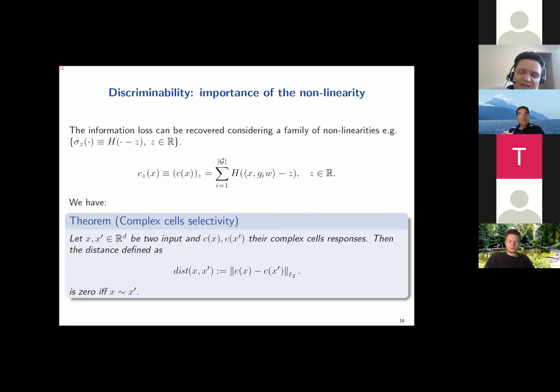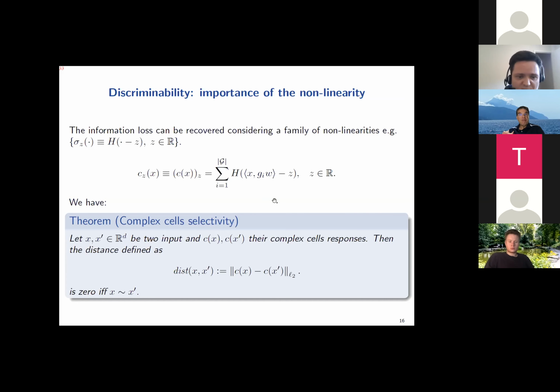This is, of course, in the limit where Z is continuous and you have an infinite number of them. But you can think about relaxations of this constraint in the form of discretizations.